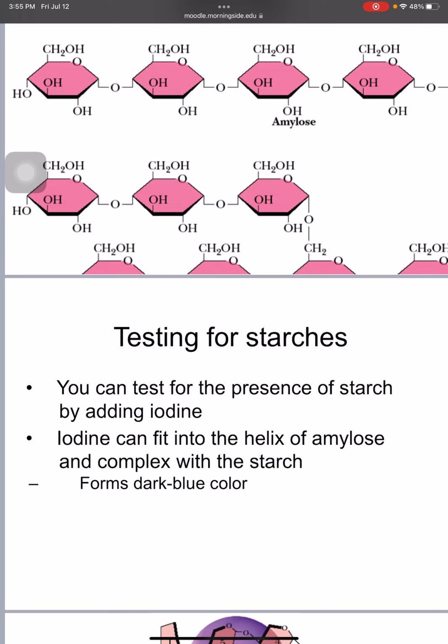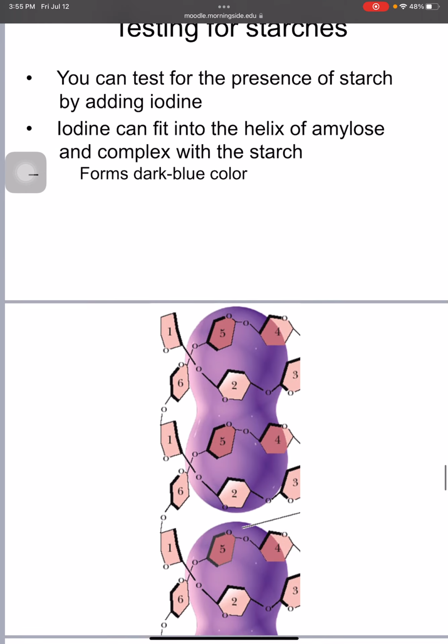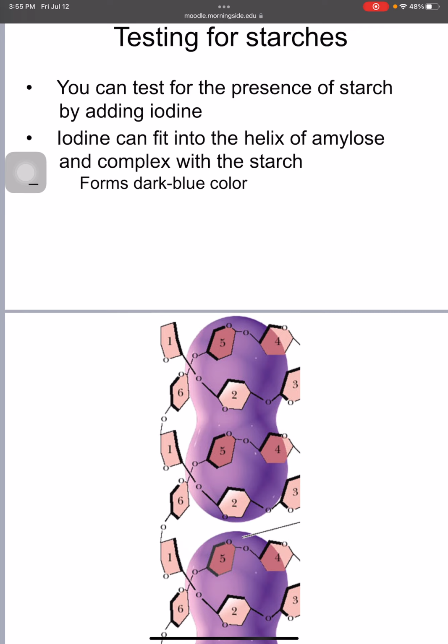It's kind of brilliant. And it's formed because iodine can fit into the helix of amylose. Amylose will actually curl up and form a helical structure, and so iodine just happens to fit in perfectly in complex with the starch, and when it complexes with it, it forms a dark blue color.